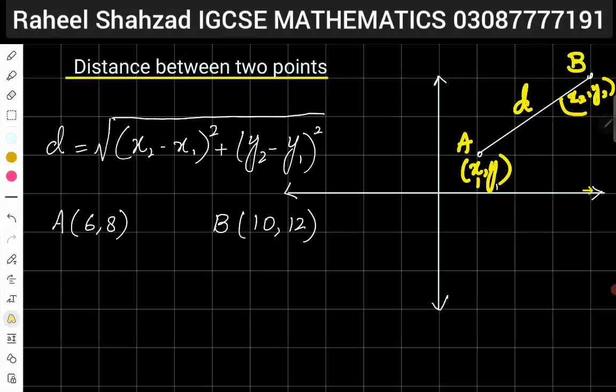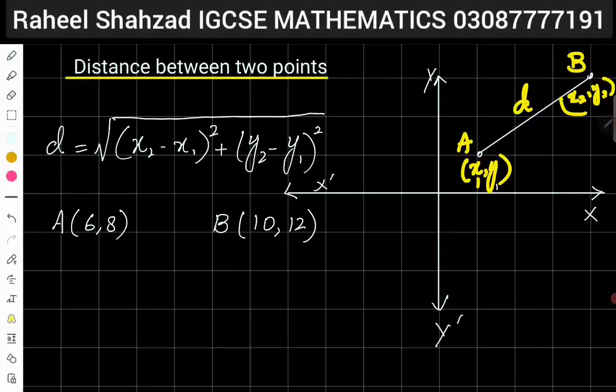So, for example, this is again your x-axis and this is your y-axis. We need to find the distance between these two points. This is point A, this is point B. Point A is (x1, y1), and the second point has coordinates (x2, y2).